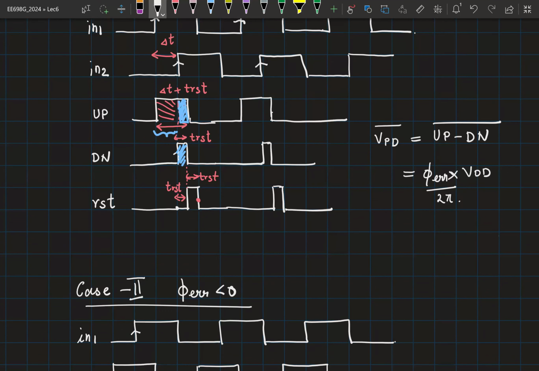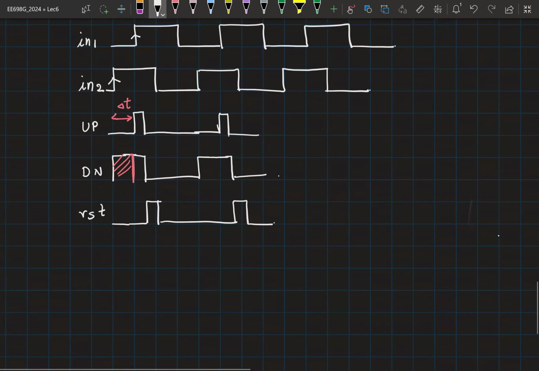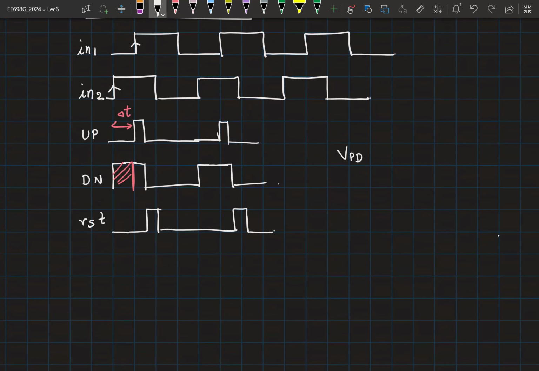Okay. Similarly, what is the expression you get here for VPD average? So the expression would be again delta T, again up minus down is what we are doing. So you'll get minus of delta T by T naught into VDD.